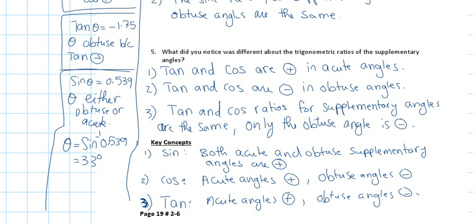How can I find the supplementary obtuse angle? 180 minus 33, which is 147.